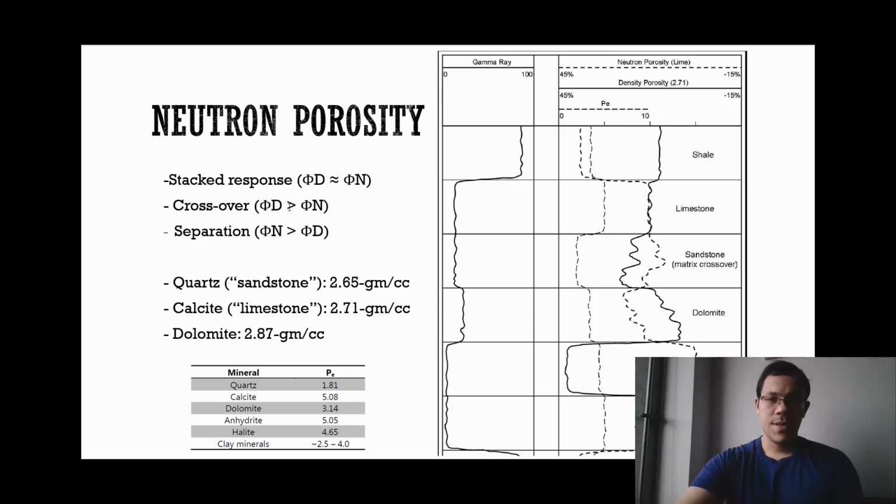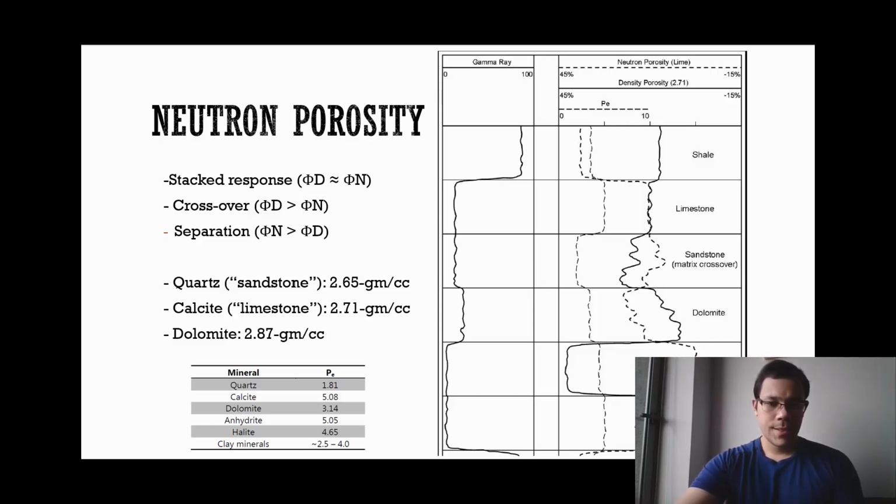Now, a crossover is the scenario when porosity from the density tool is higher than porosity from your neutron tool, and separation is the opposite. In this case, on shale, your neutron porosity will be reading higher. So that will be separation.